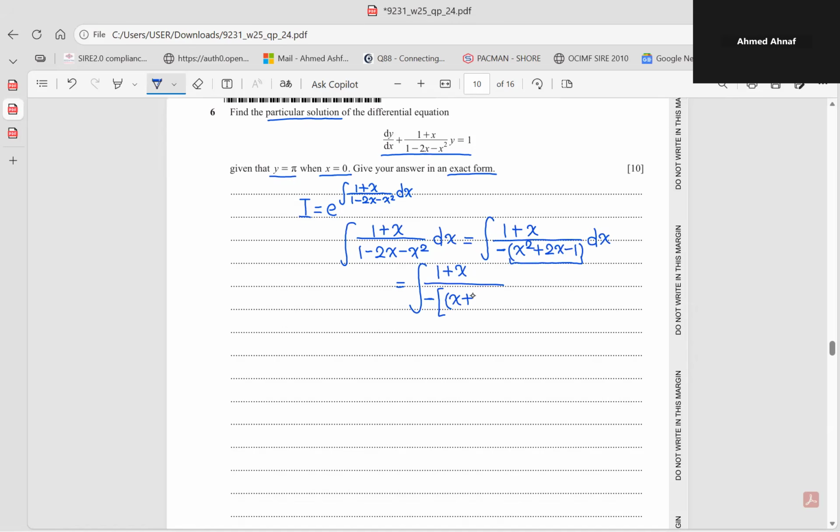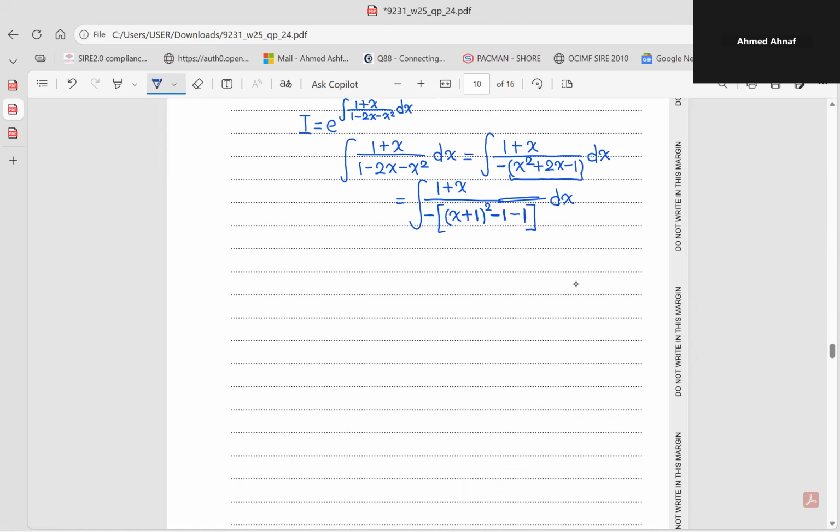So you have x plus the coefficient of x divided by 2, so x plus 1, and you minus this number squared, so 1, and then you put the constant term last, which is minus 1. Let's bring back the negative sign. So this is going to be (1 plus x) over (2 minus (1 plus x) squared) dx. So this is the final integral.